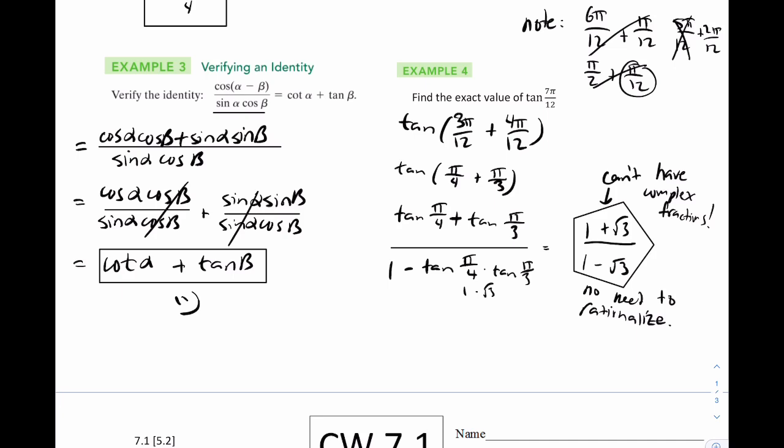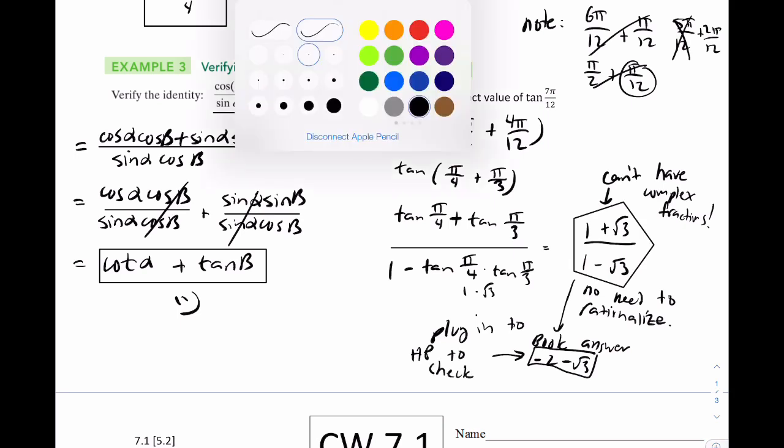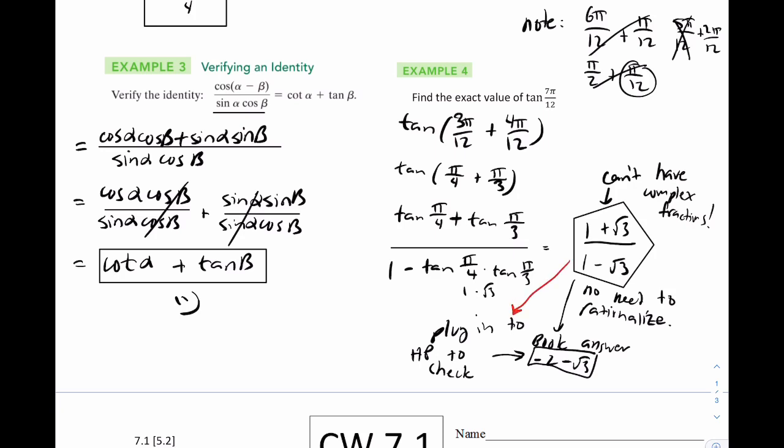So for example, the book answer for this problem is going to be -2 minus root 3. To check if you're right, just plug into your calculator. So alright, plug in to HP to check. Sorry for all the arrows. That's it.